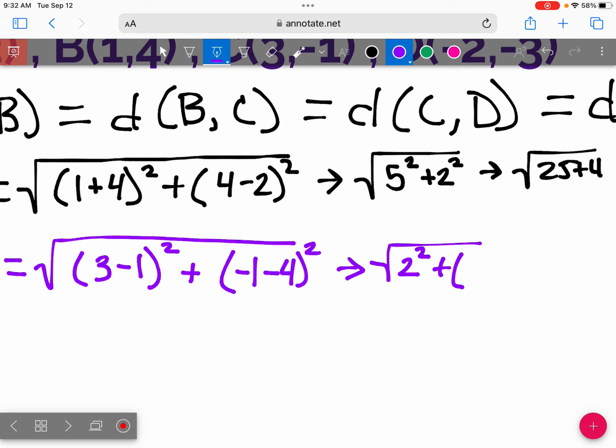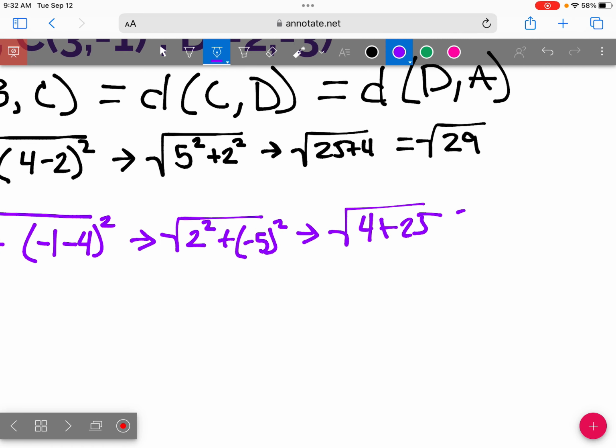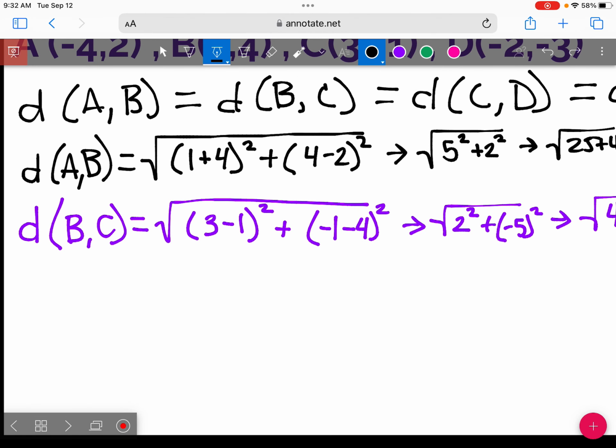Negative 1 minus 4 gives us negative 5 squared. So we get the square root of 4 plus 25. So is the distance the same on this one? Yeah. Keep trucking. Because this is also just the distance. If all 4 distances are the same, all that proves is rhombus.